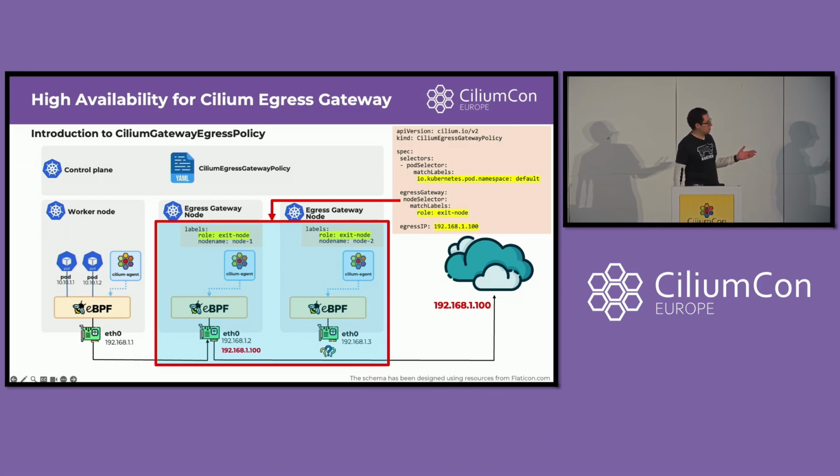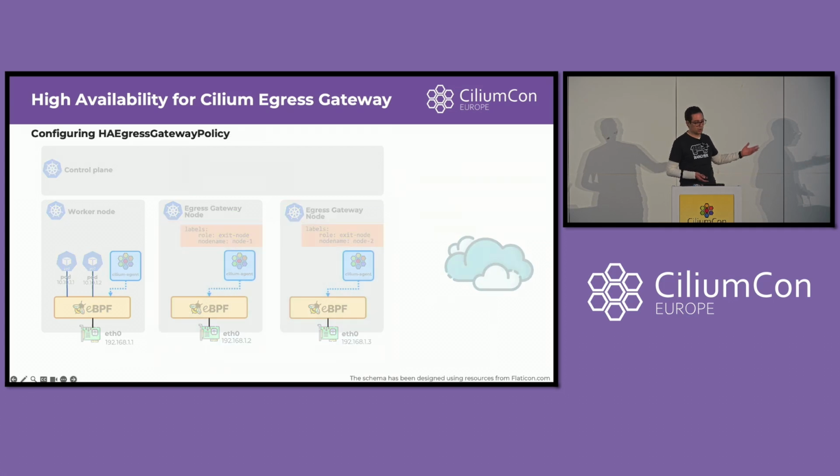We can manage this floating IP address, for example, with Pacemaker, or we can use the commercial version of Cilium that supports 2 different IP addresses for the same policy on different nodes. Or you can start an open source project and see what happens.